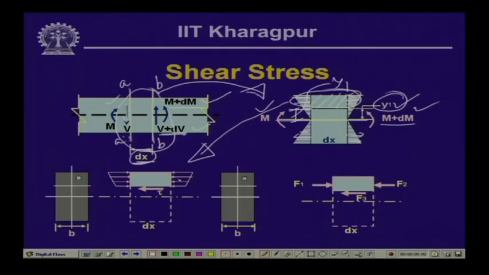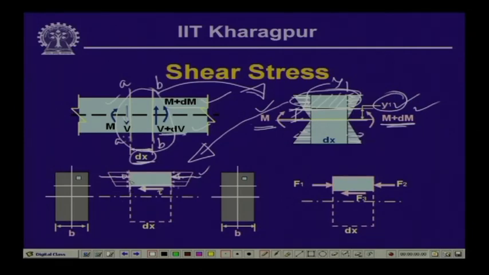Here we have the normal stress generated because of the bending moment M plus dM. On this side you have the normal stresses generated because of the bending moment M, and at the cross section of this member, we will have a horizontal shear acting at this face. There are vertical shears on these faces which we are not accounting for at the moment.